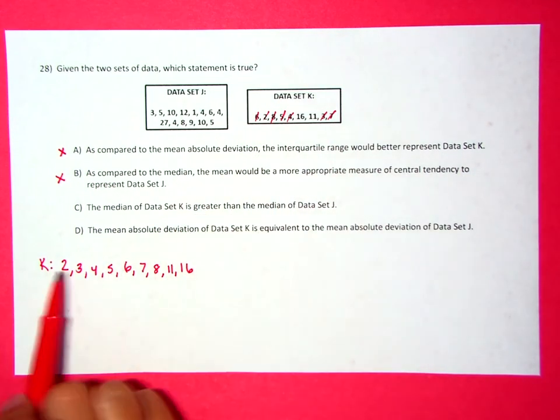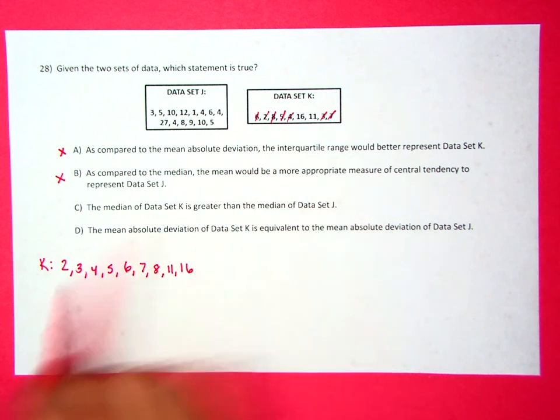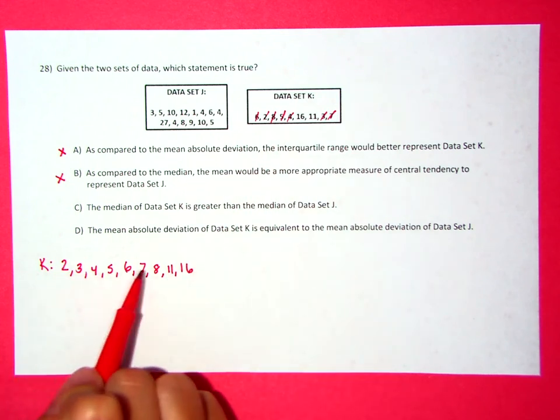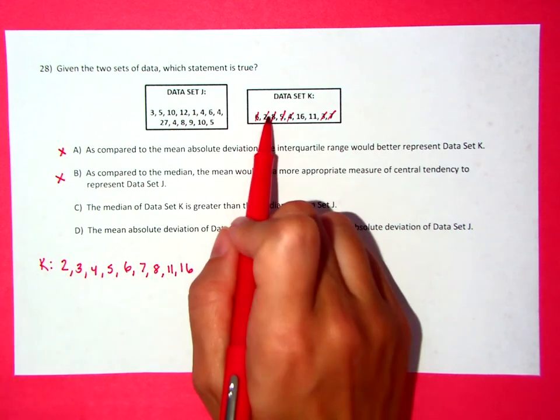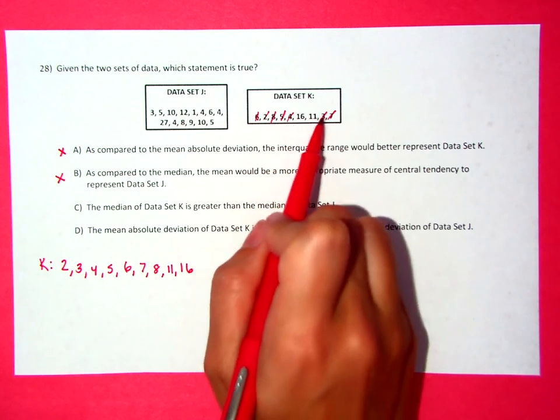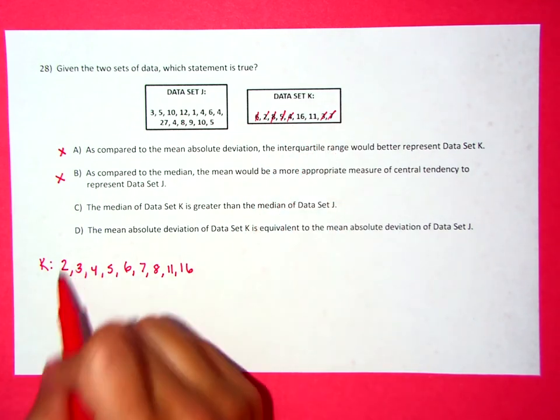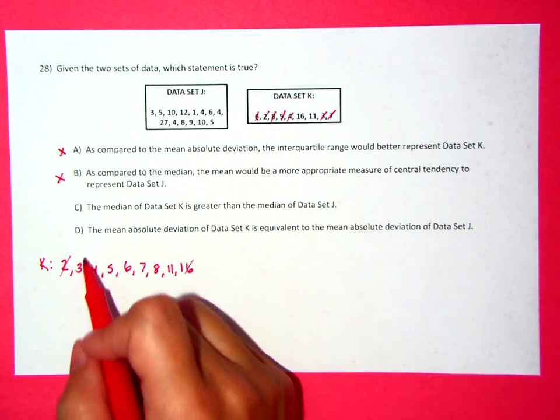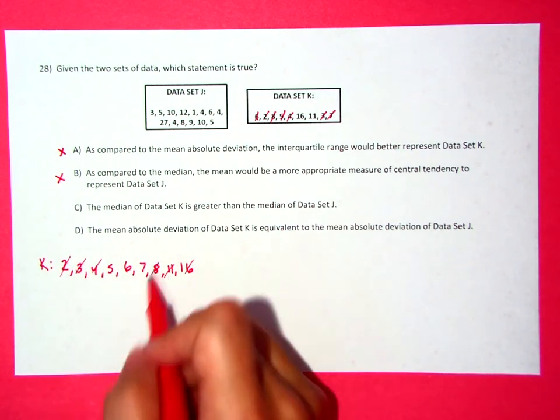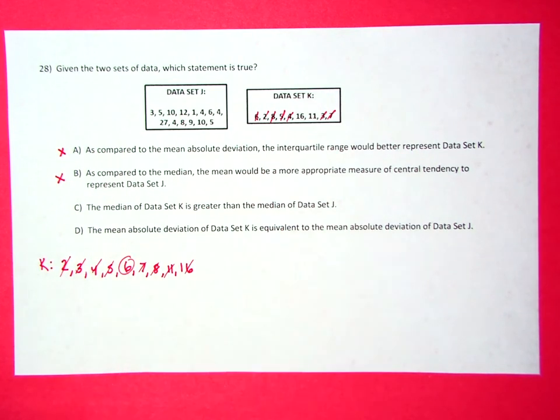One good thing to do is check to make sure the amount of numbers you have matches. 1, 2, 3, 4, 5, 6, 7, 8, 9. It matches. So let's find our median. The median would be the middle number. So we cancel, cancel, cancel, cancel. Here we go, and that would leave us with a median of 6.